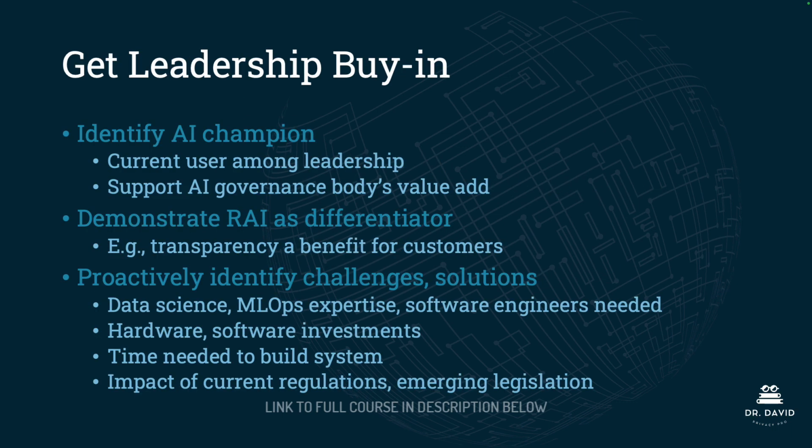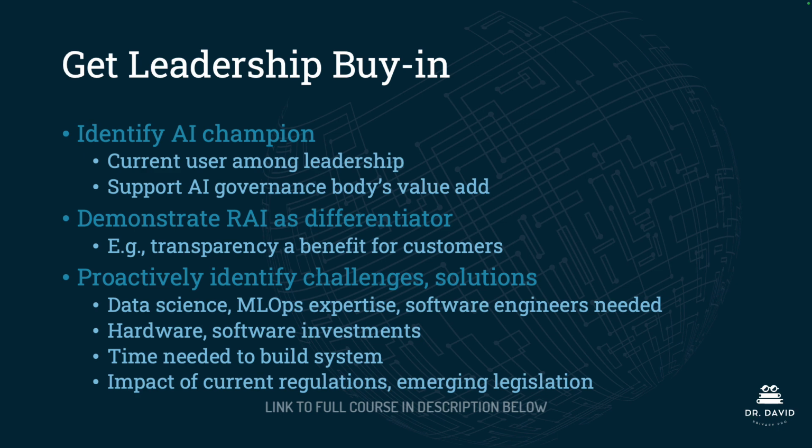With regards to leadership buy-in, there is some specific terminology that you're going to need to know for the exam. For example, at the very top here, identify an AI champion. We've talked about the importance of getting leadership buy-in. They're the ones who are really going to make sure that you get support throughout the organization, and perhaps more importantly, that you get the resources you need to be successful.